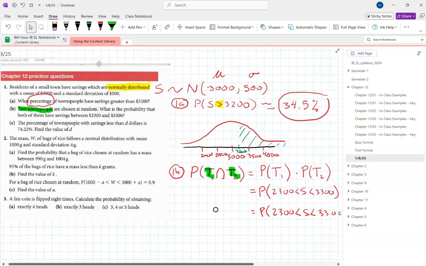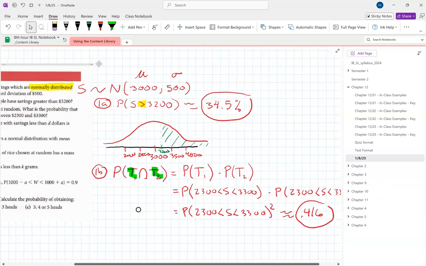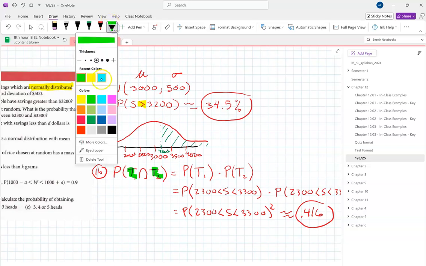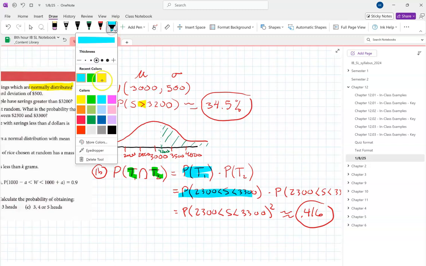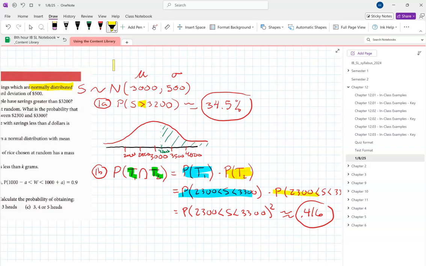So I need both of them to have savings in the desired range. So townsperson 1 is here. That's their probability that they have the savings. And then townsperson 2 is there. That's the probability that they have the savings. But it's the same probability, so I just made it squared. Does that feel okay?